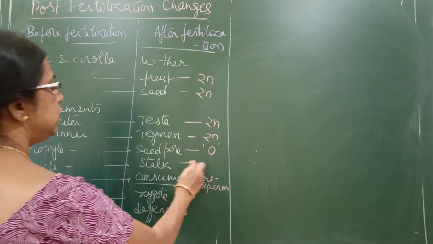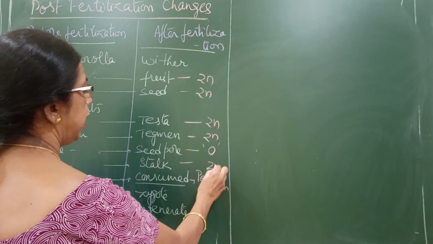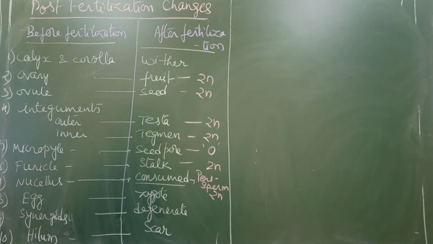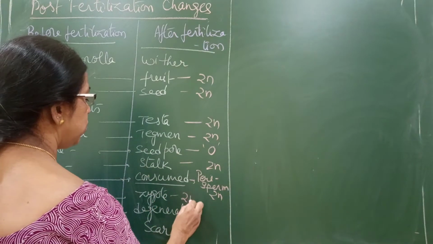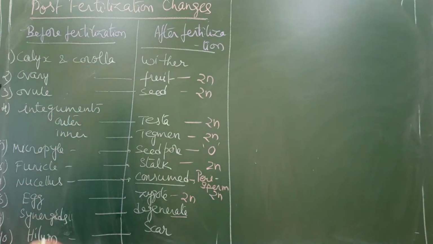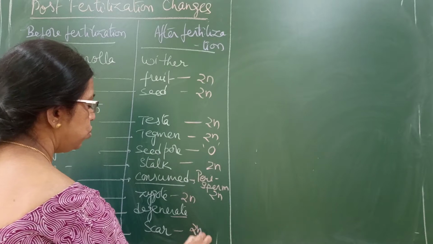Again, the stalk of the seed will be 2n. Perisperm also 2n since it is formed from the nucellus. Zygote will be 2n, and synergids, since they degenerate, will be n. And hilum, which belongs to the ovary, the scar of the seed, will also be 2n.